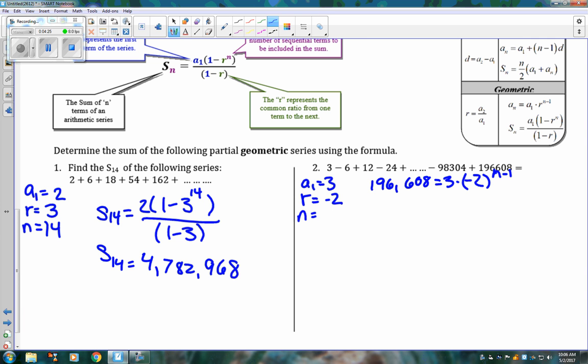We have to solve for n. First off, divide both sides by 3. What's this number divided by 3? 65,536.